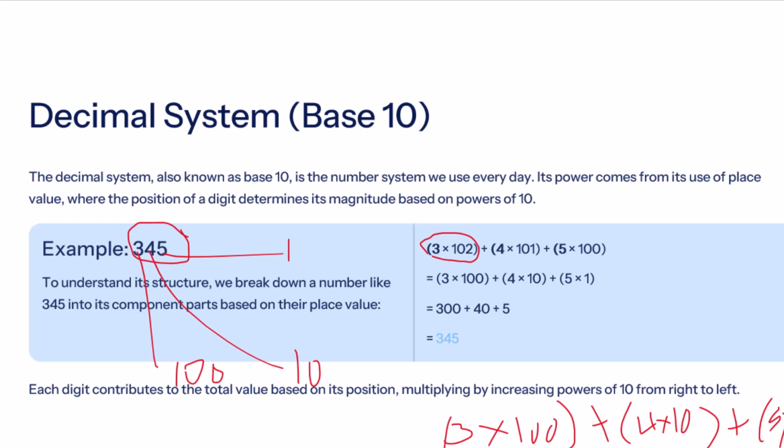This is 300 plus 40 plus 5, and this is how we come up with 345. This is the normal decimal number system.